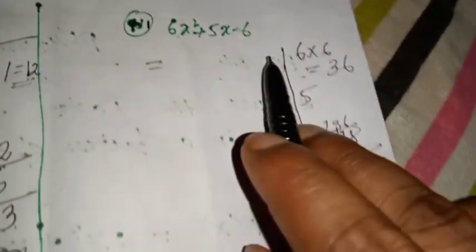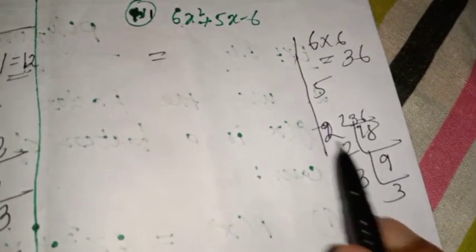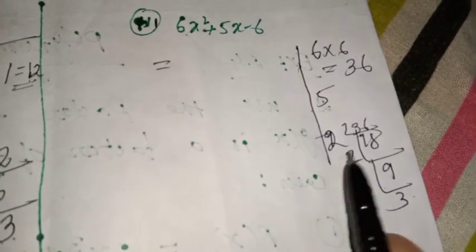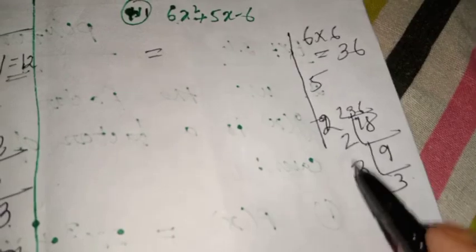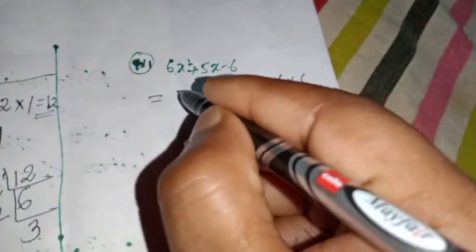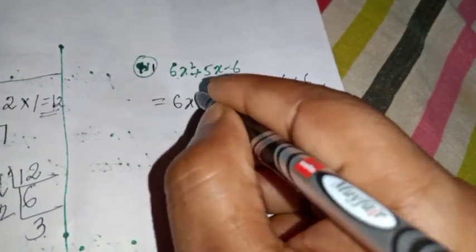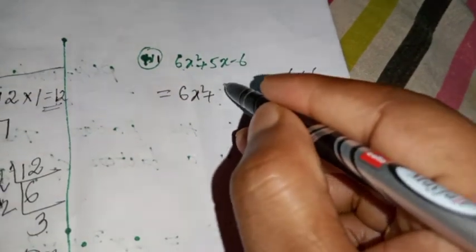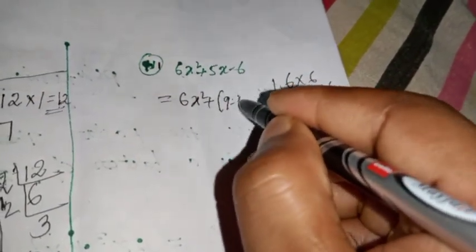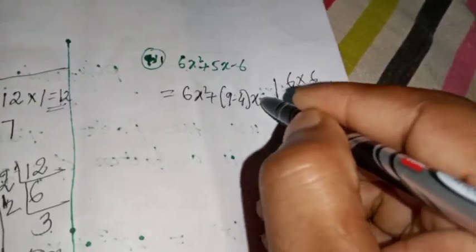Or if you want, you can see 2 2 3 3. If you make pairs, 3 3 is 9 and 2 2 is 4. Then you can write 6x square, then in place of 5, 9 minus 4x, plus 6.